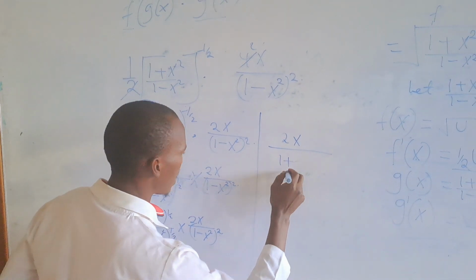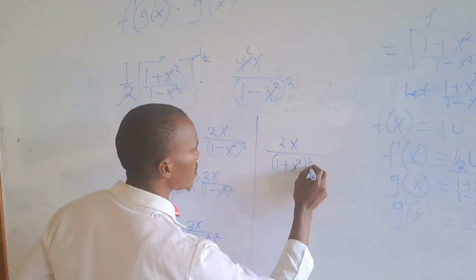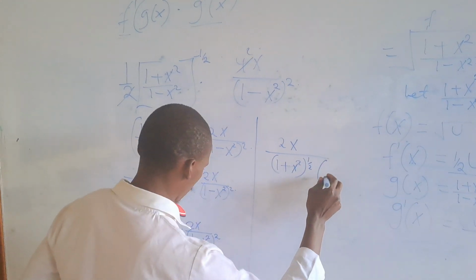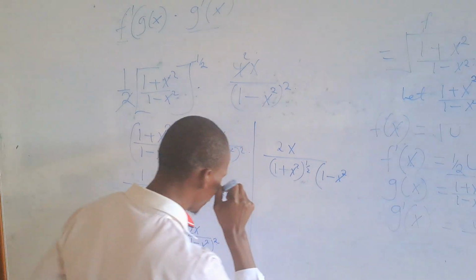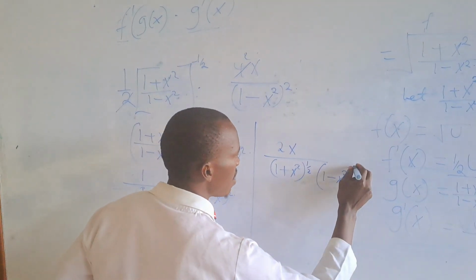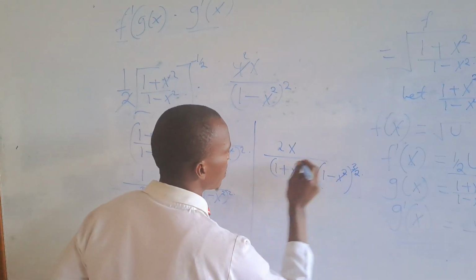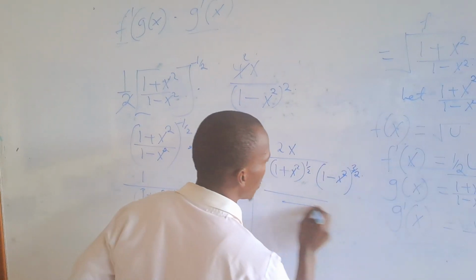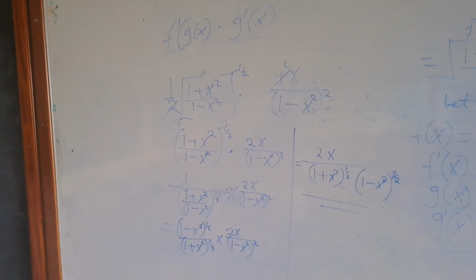So we will say that 2x over 1 plus x squared raised to power half into 1 minus x squared raised to power now 3 over 2, like that, and that becomes your answer because you cannot go beyond that. So it's just simple as that.